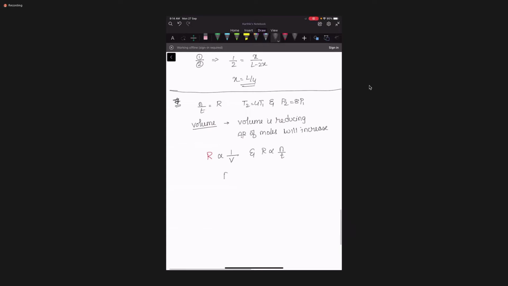So can I say R is directly proportional to N by V per second, that is, the initial number of moles minus final divided by volume?